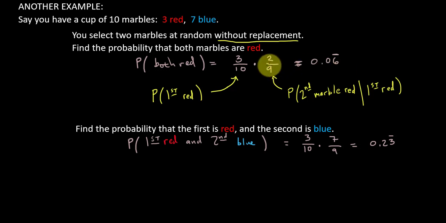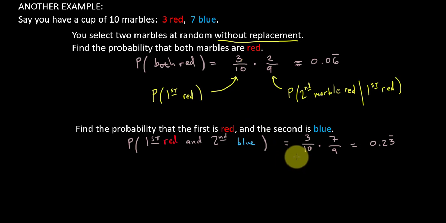Because that division by 9 accounts for the without replacement bit, but that numerator of a 2 is accounting for, oh, there's no longer 3 reds because we took one out. So this was the probability that the second marble was red, given that the first was red as well.